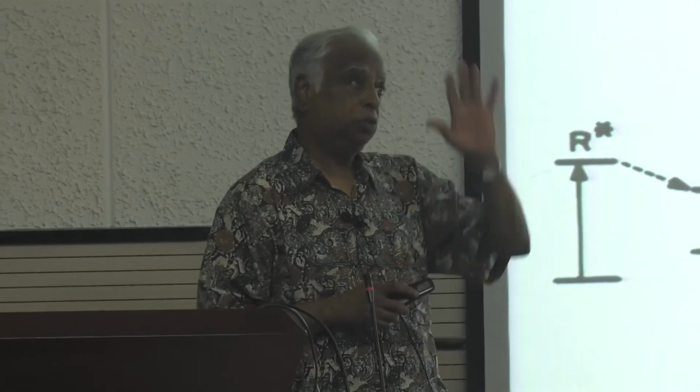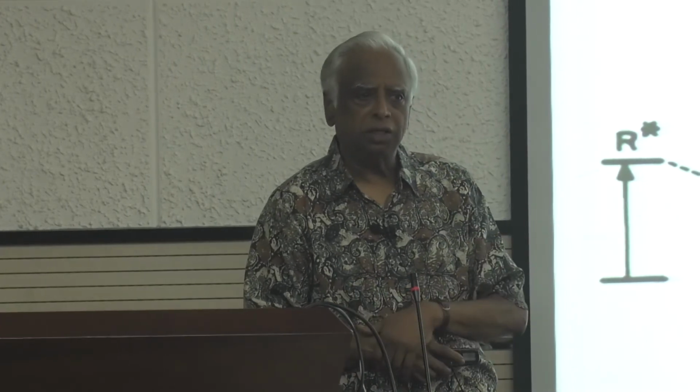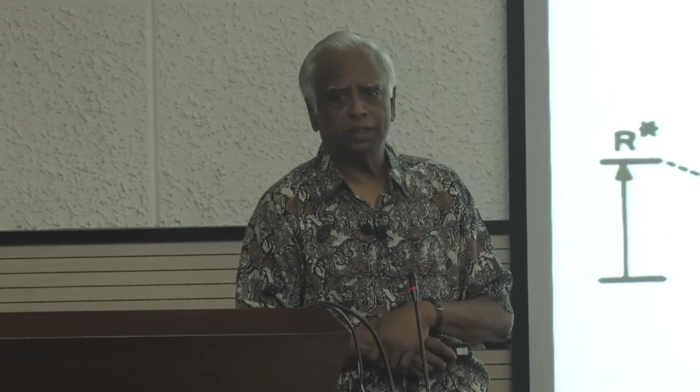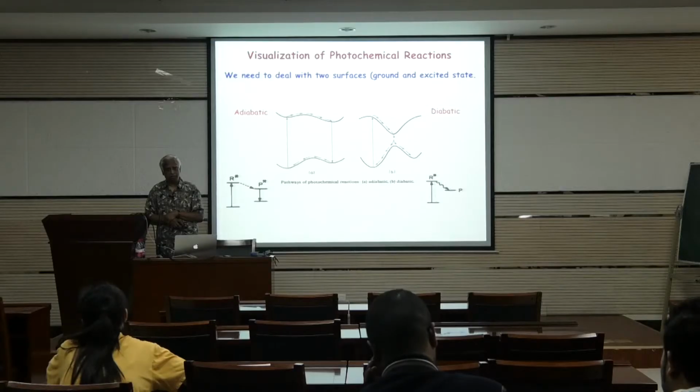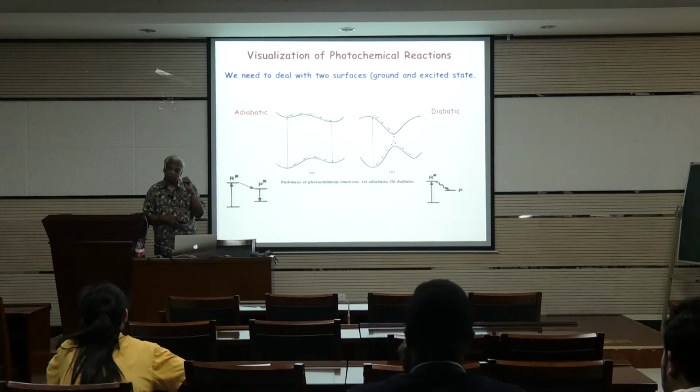Okay, but the two things are very different: going by train or going by plane. So one goes up and then comes down, and another one just keeps going on the ground. So that means it takes longer. If there's a problem, then the reaction will be very slow. Okay, so this is the way you think about a reaction in the excited state. Okay, so this is something important you have to know.